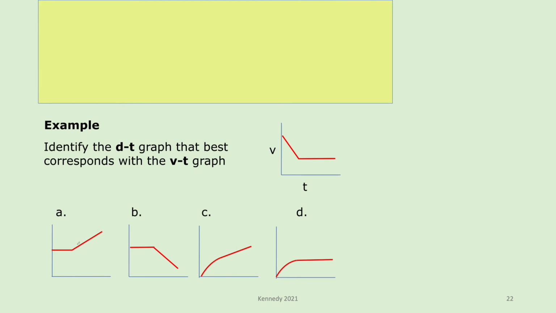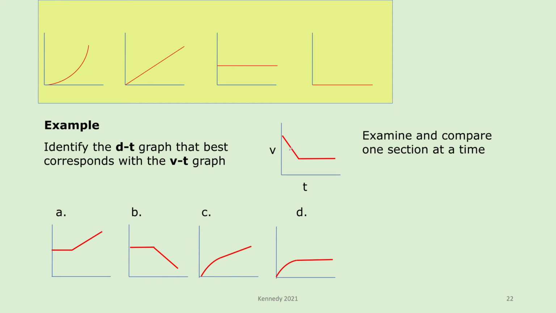Identify the DT graph. Okay, these are DT graphs that correspond with the given VT graph here. Okay, so I have to transpose, change one sort of graph to another. Now this one's a bit more complicated because there's 2 sections to this graph. We'll have to do one section at a time. So I write down, on an exam I would draw this by hand, of course, curve to diagonal to horizontal to a zero.